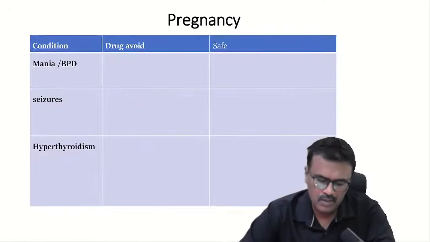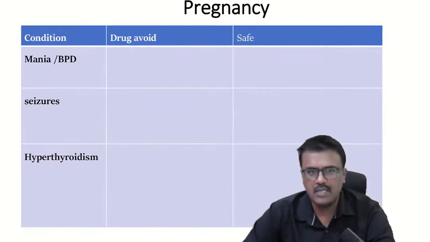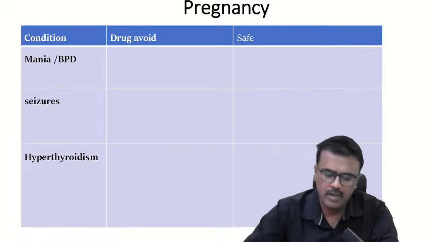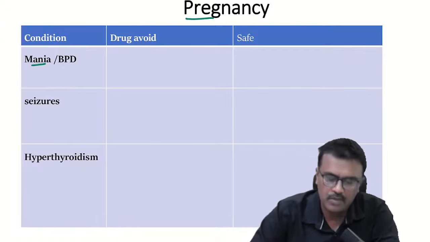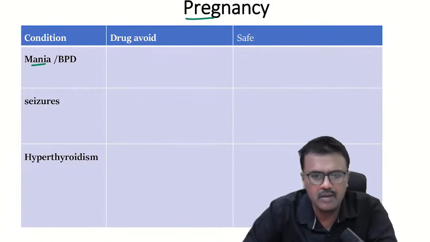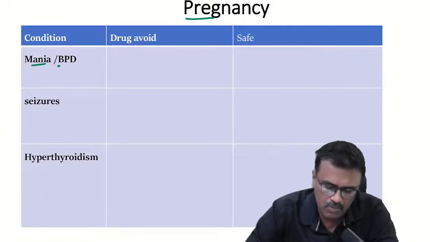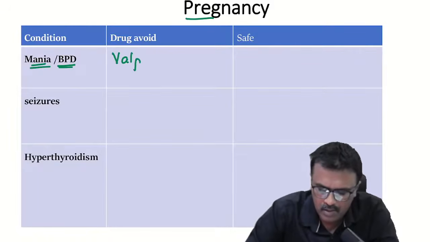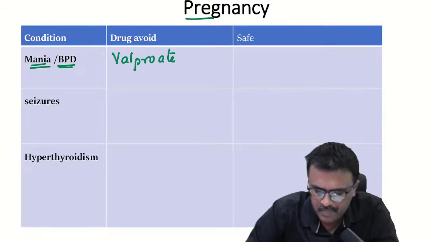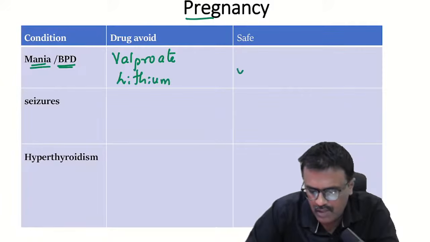Now there are certain questions that come like this. Pregnant woman, conditions where you are giving a safer one. So mania and bipolar disorder, which is to be avoided, mainly avoid valproate and lithium. The safest is you can give antipsychotics.